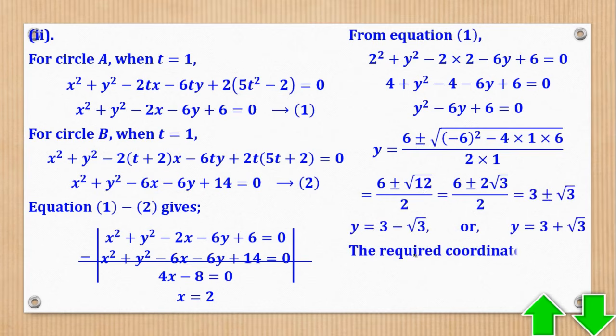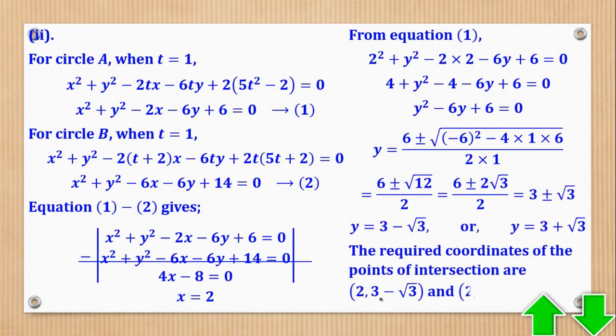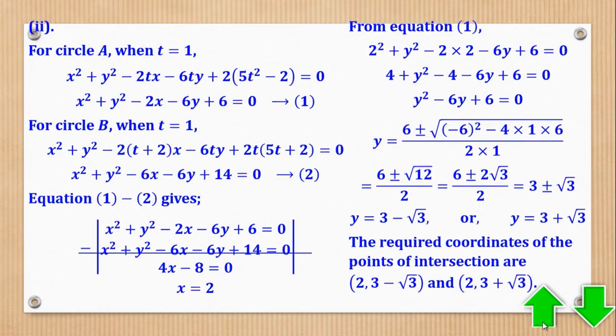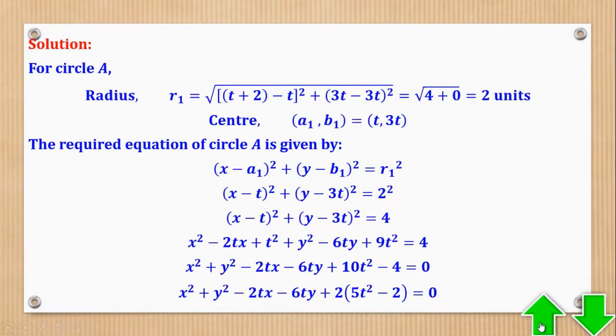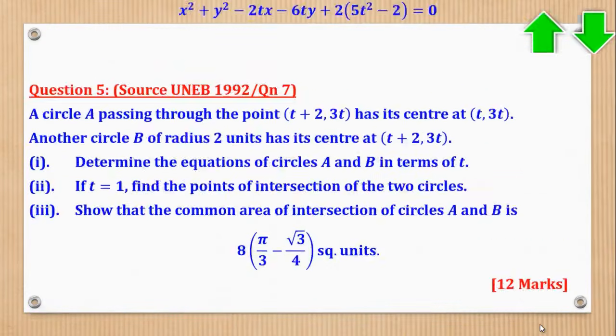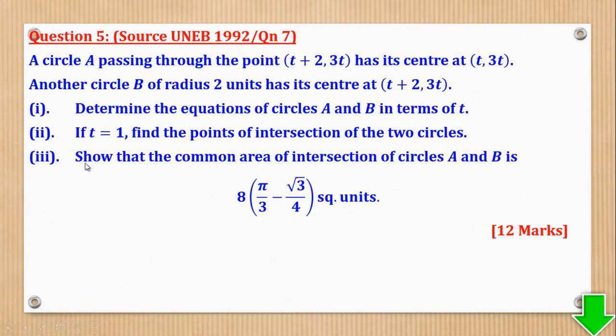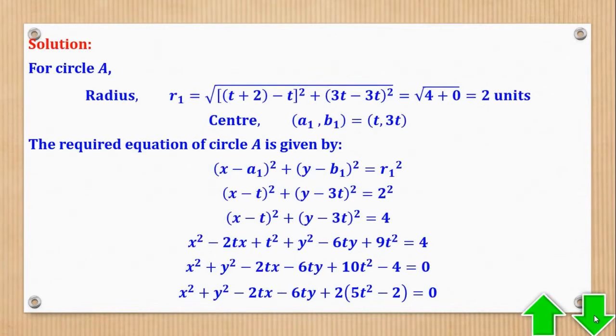Therefore, the required coordinates of the points of intersection are this and that. So that was Roman 2. Roman 3 said, show that the common area of intersection of circles A and B is given by this. So the good thing, we already know the center of those circles and their radius.